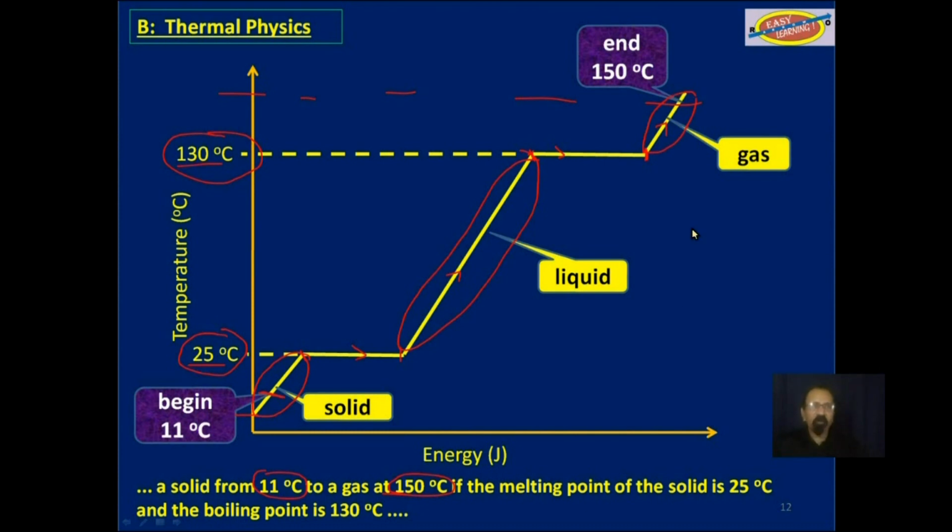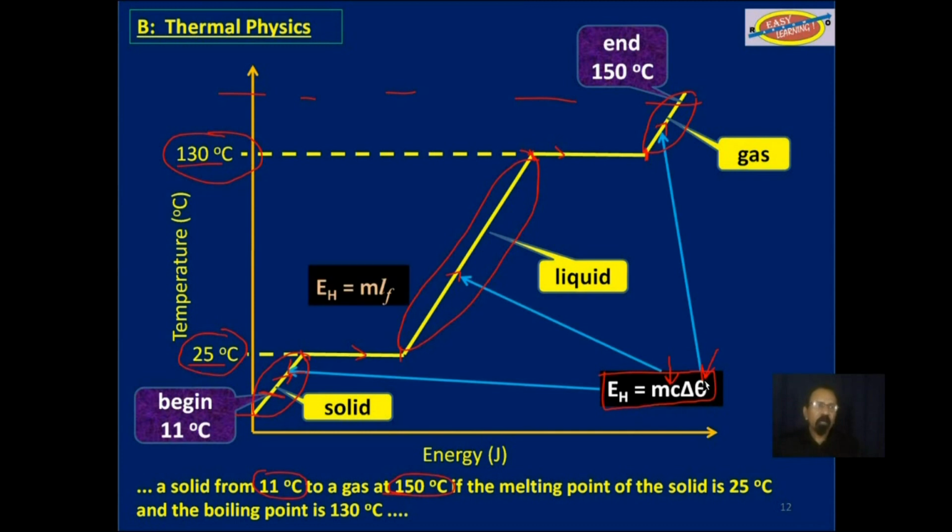In all three of those situations, if you need to calculate the energy either going this direction, heating it up, or coming in the opposite direction, cooling it down, in all three cases, you would use the same formula, which is EH = mcΔθ. Of course, the c and the Δθ may be slightly different.